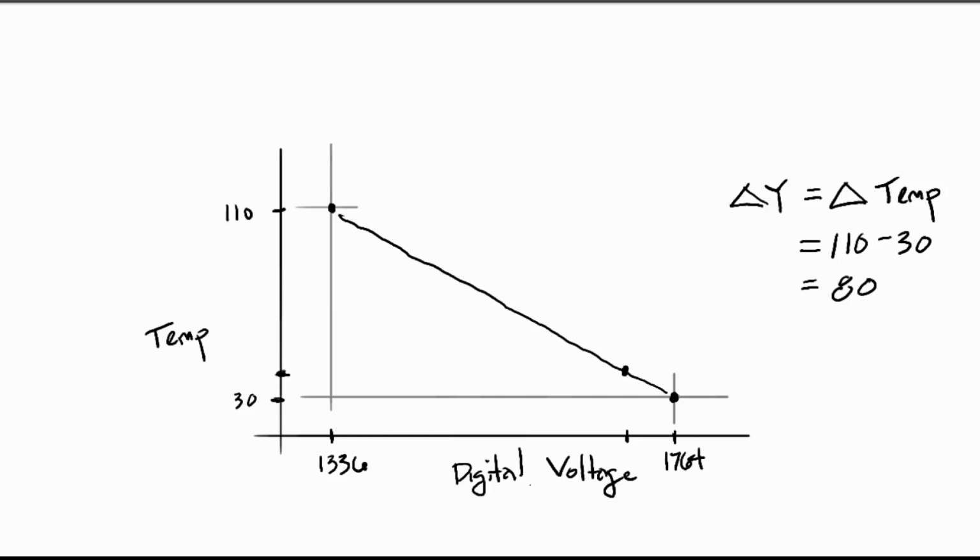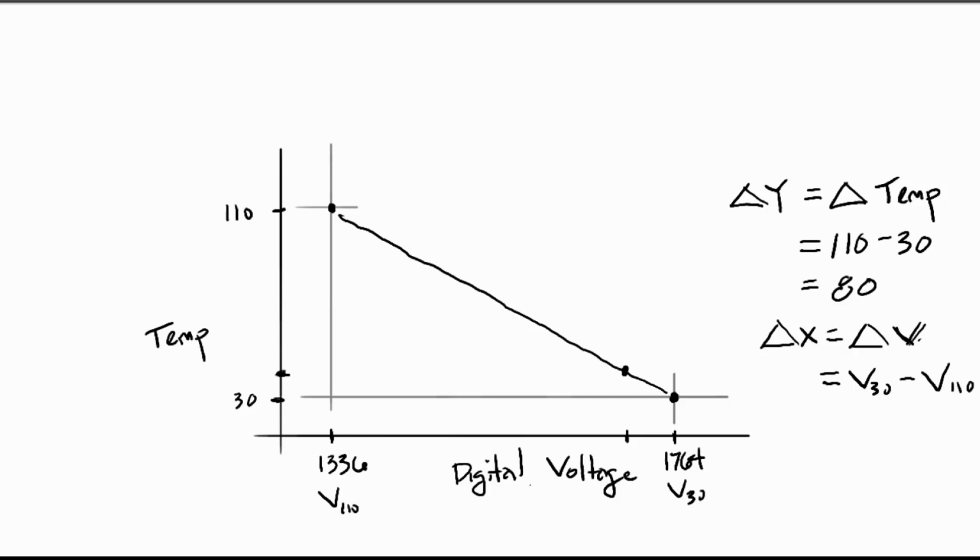So our delta x is equal to the delta of, it's actually the V30 minus the, well, let's just call these voltages. The delta of the voltages, which is equal to the V30, which is this one right here, and this would be V110.